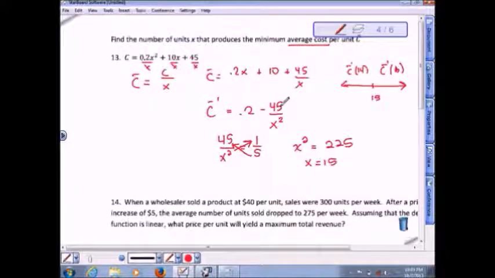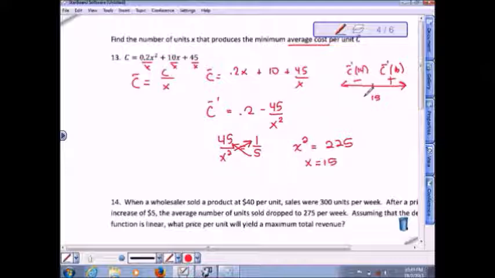So if we plugged in 14 squared, 45 over 196, if you take that from 0.2, that's going to result in a negative value. C bar prime of 16 would result in a positive value.